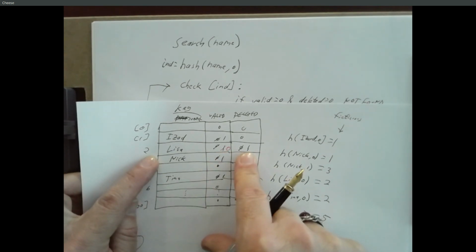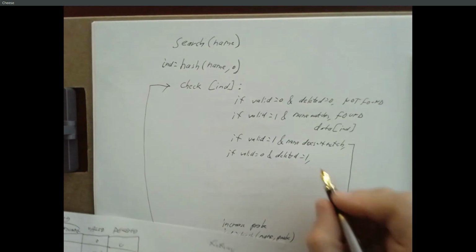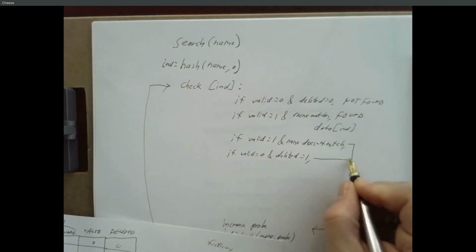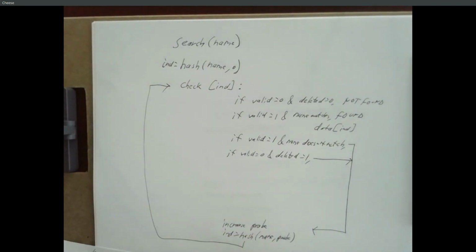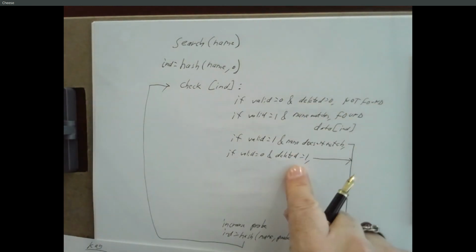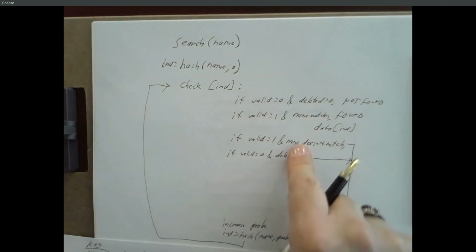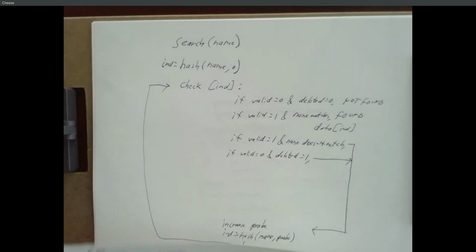Could be a collision. Increase the probe, rehash. Same thing: rehash, go back up to the top. And I think those are our only possibilities. If valid is 0, deleted equals either 0 or 1. If valid is 1, the name either matches or it doesn't match.